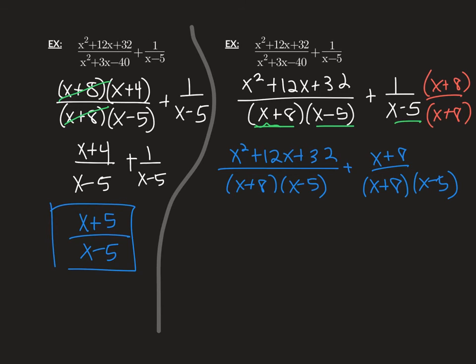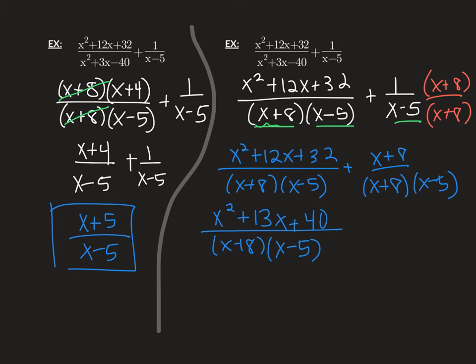And then combining like terms in the numerator, because my denominators are now the same, I get x squared plus 13x plus 40 over (x plus 8)(x minus 5).